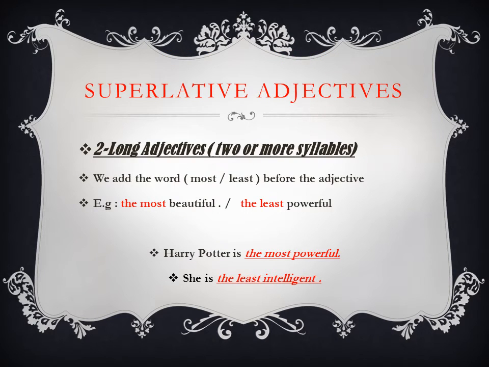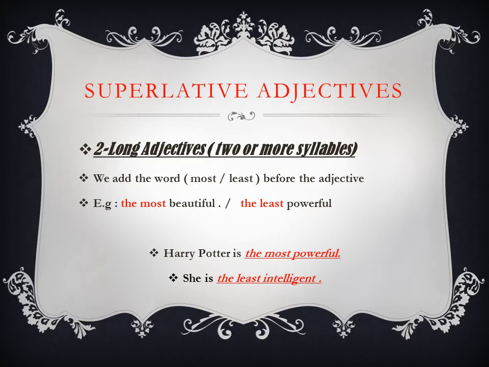What about long adjectives? Two or more syllable words. I cannot add est to them. Then we add the word most or least before the adjective. The most beautiful, the least powerful, the most amazing, the most astonishing.